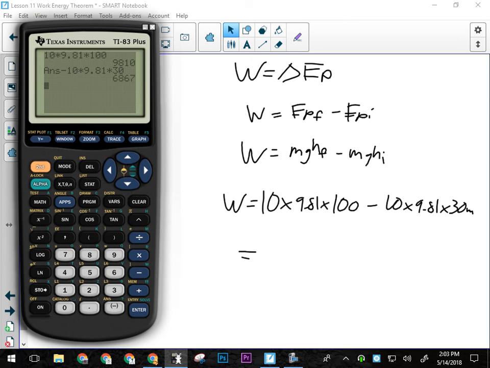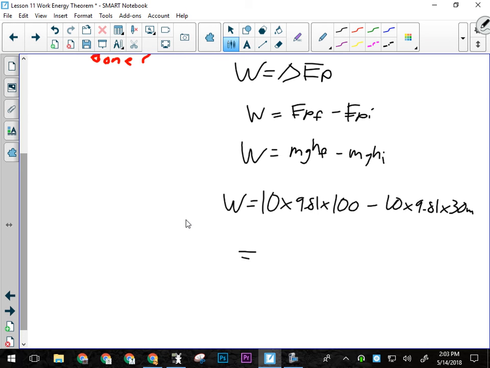So the mail carrier is going to have to do 6,867 joules worth of work in order to carry the package from the 3rd floor to the 10th floor. That is how much its potential energy changes by. Everybody follow what we did there? Just final minus initial.